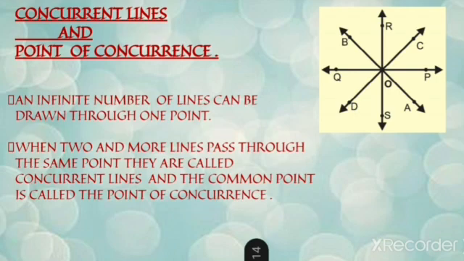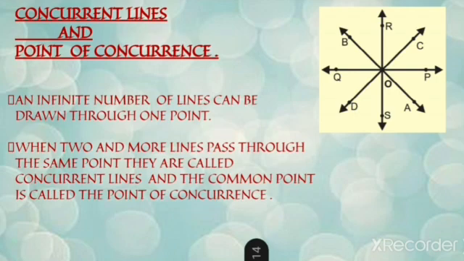So what are concurrent lines? An infinite number of lines can be drawn through one point. Such lines are called concurrent lines. When two or more lines pass through the same point, they are called concurrent lines. And the common point is called the point of concurrence.